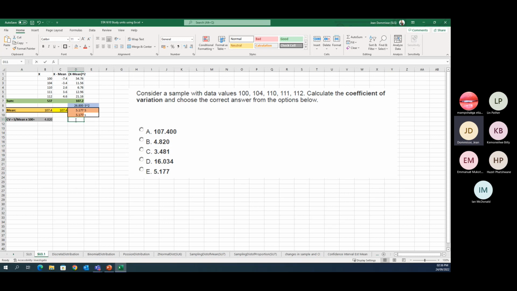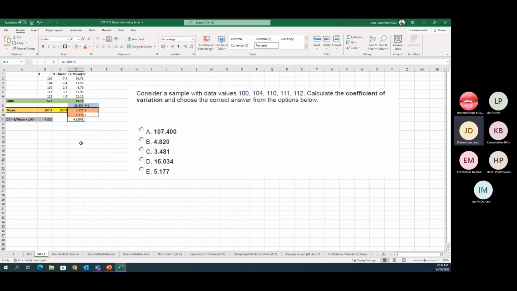But then again, if we use the formula of the standard deviation divided by the mean, and we basically make it a percentage, we just need to see, okay, I want us to round it up to 2 or 3. And then we get the answer as option B.